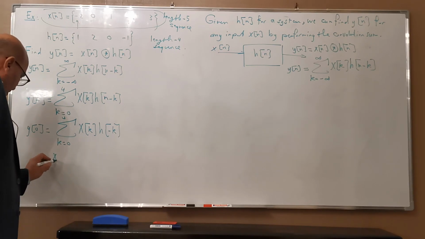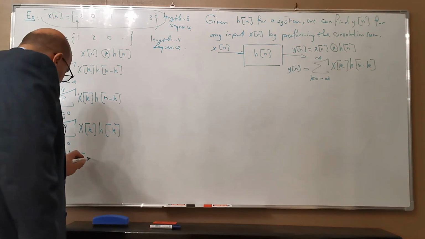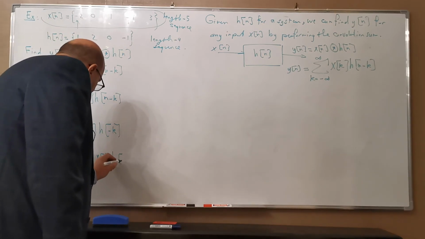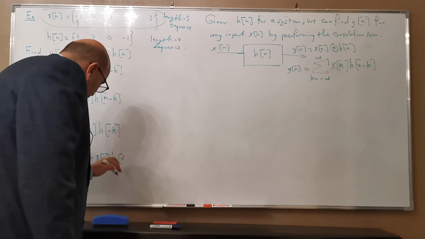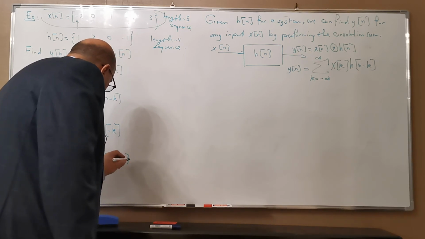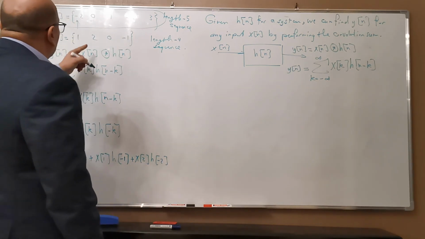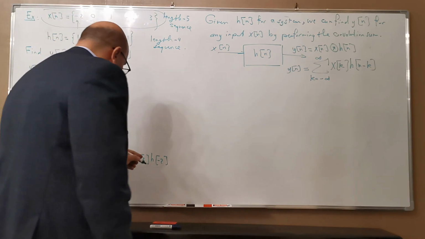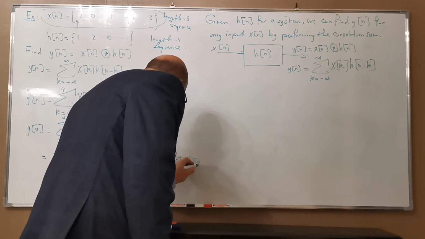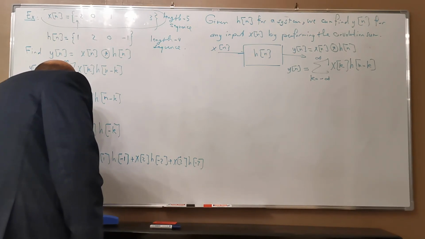So you have x of 0 times h of minus 0, which is h of 0, plus x of 1, h of minus 1, plus x of 2, h of minus 2, plus x of 3, h of minus 3, plus x of 4, h of minus 4.